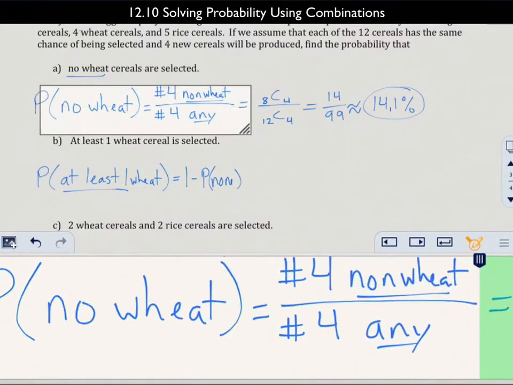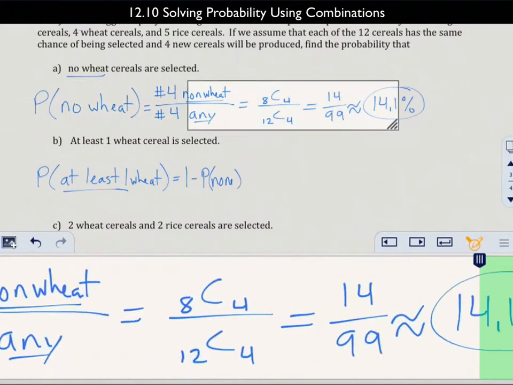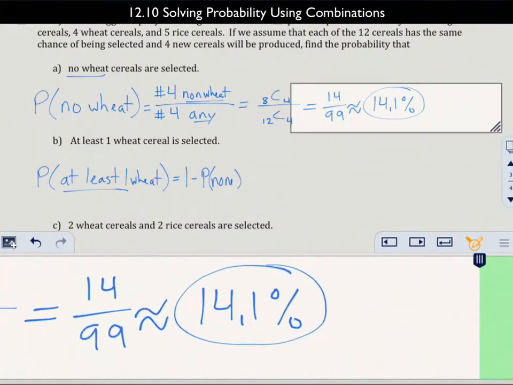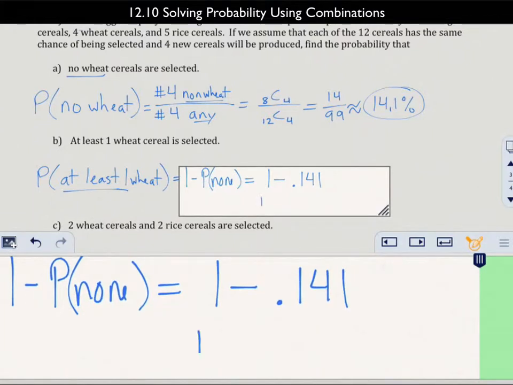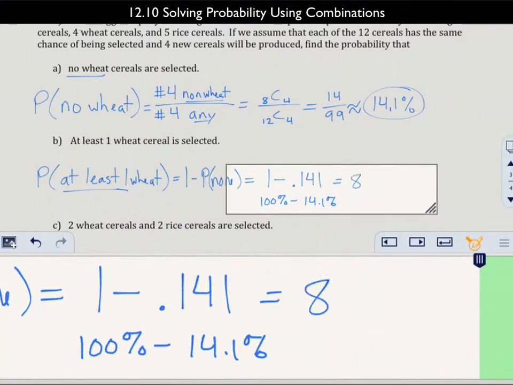We already found the probability of no wheat cereals was 14.1%. So all we have to do in this case is 1 minus 0.141. You can also think 100% minus 14.1%. Either way, we end up with 85.9%.